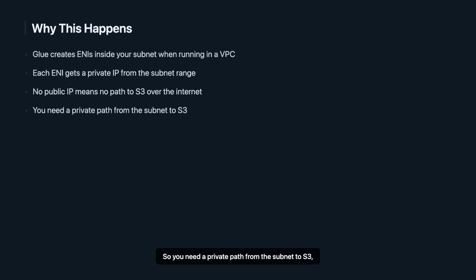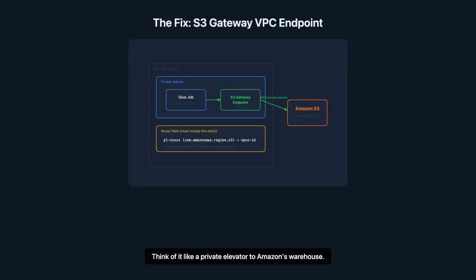So you need a private path from the subnet to S3, and that private path is the gateway endpoint. This is the key insight. Glue's networking inside a VPC is private only, which is exactly what makes the gateway endpoint the right and only answer. Think of it like a private elevator to Amazon's warehouse.